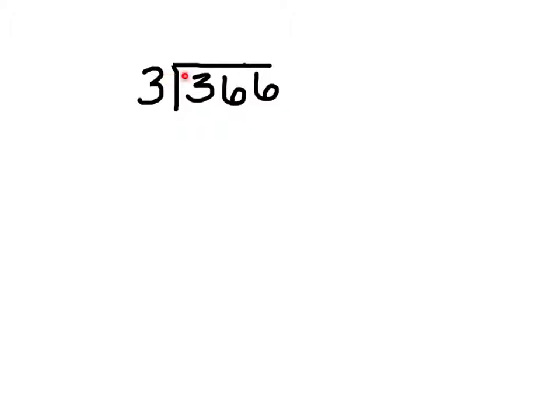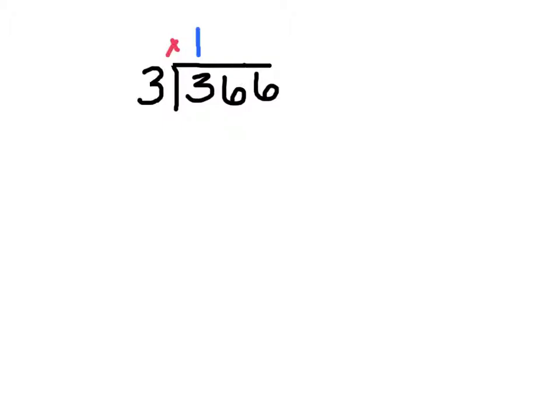Well, we can start out with the 3. 3 is the first number in our dividend, and 3 can be put into 3 groups one time. How many times? Multiply. So now I'm going to multiply 3 times 1.